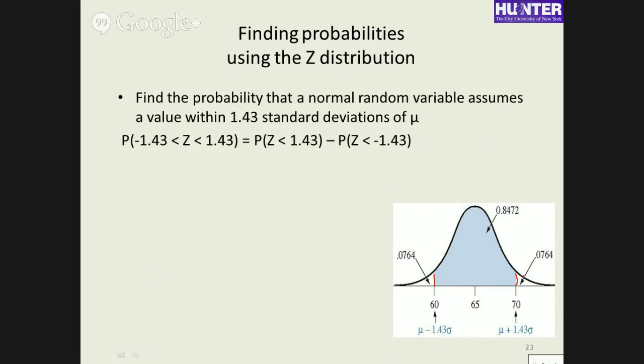If these happen to be centered on the mean, the means subtract off and it doesn't matter, but you can also do this for asymmetric areas, say between here and here.